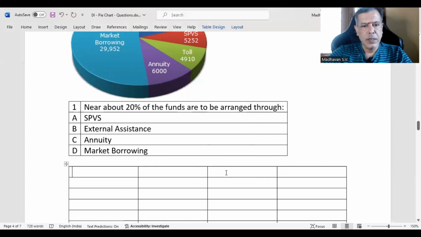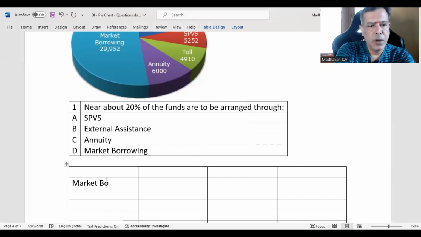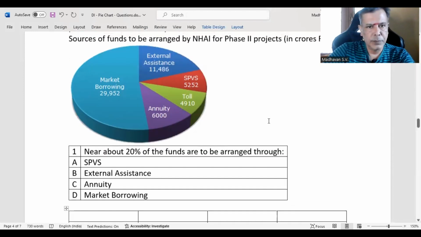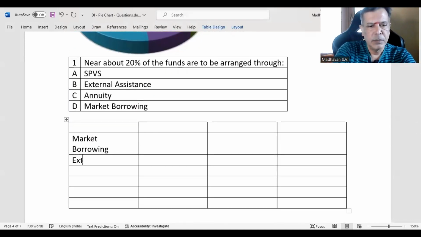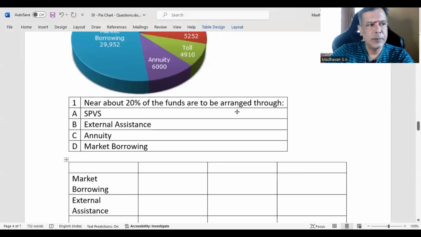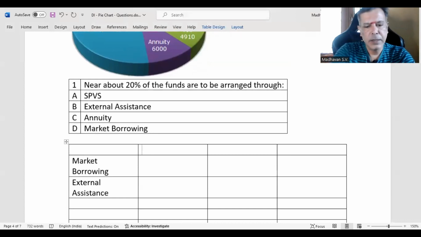Here we will write the components: market borrowing, external assistance. Then the next one is amount, we'll write amount in crores.